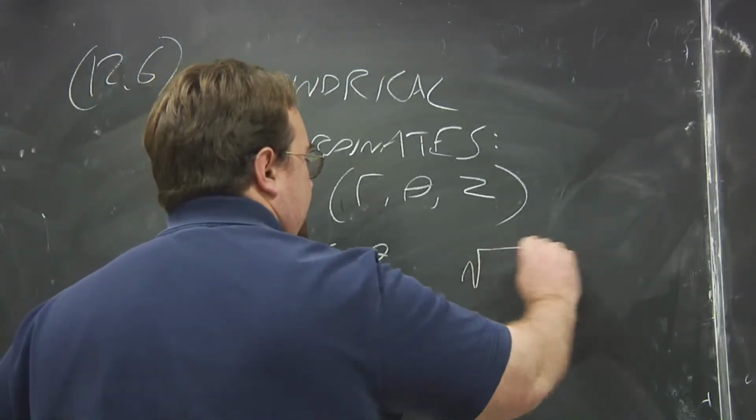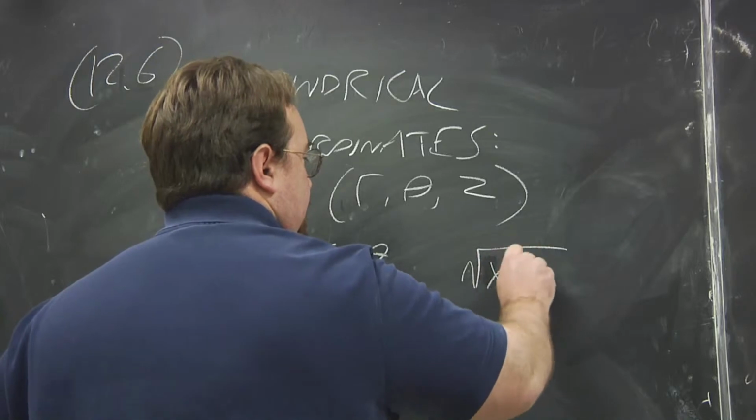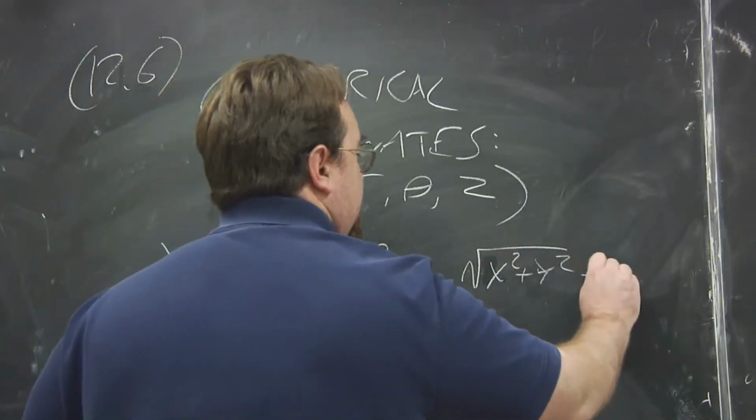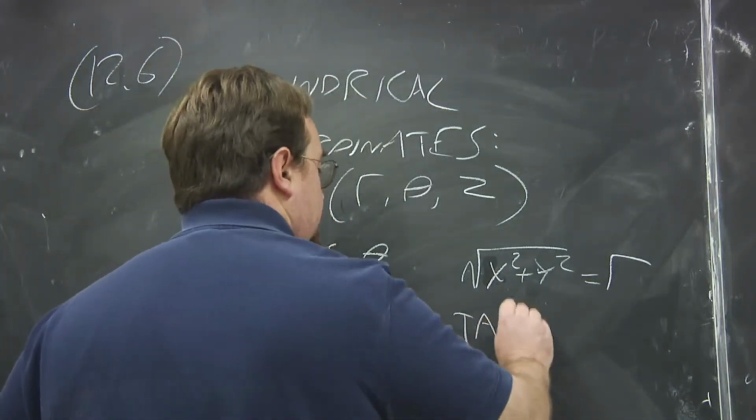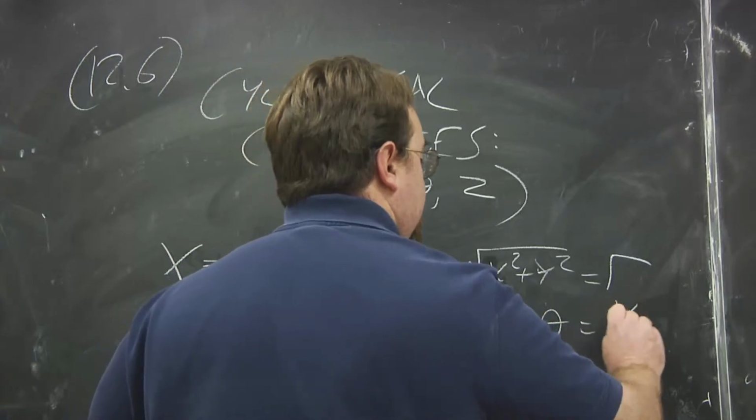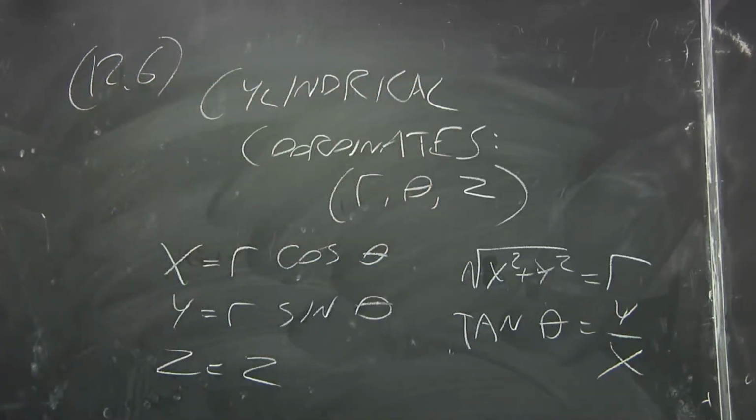Going the other way, we have a definition of r in terms of x and y, just the magnitude, and then tangent theta is y over x. All right, so once you know polar, then you're good to go with cylindrical.